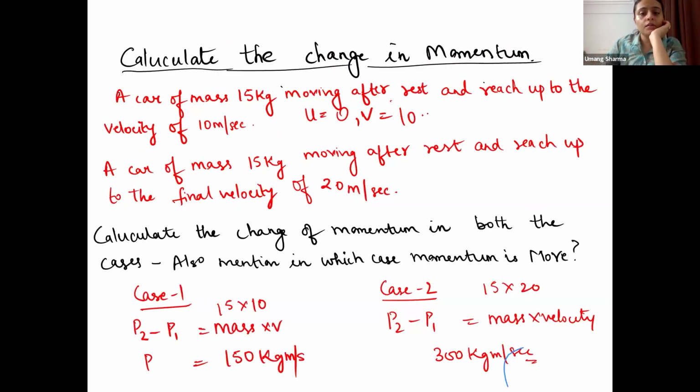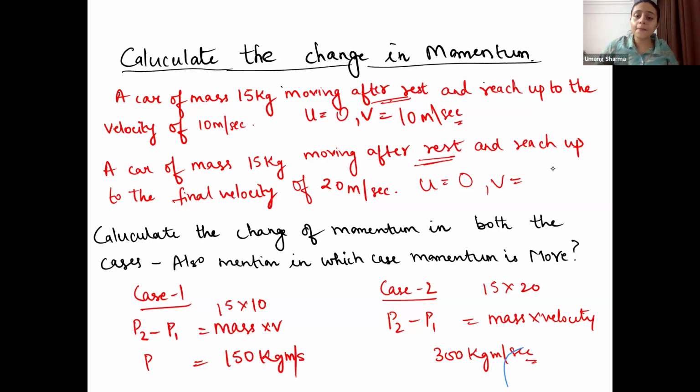Similarly, here also U is how much? 0. You can see, after rest. So it means it is moving from a rest position. So U is always 0 in such a situation. And what is V here? 20.